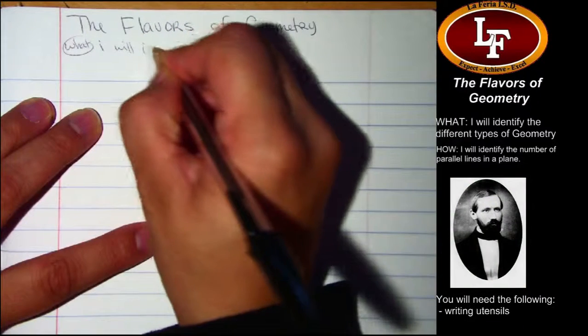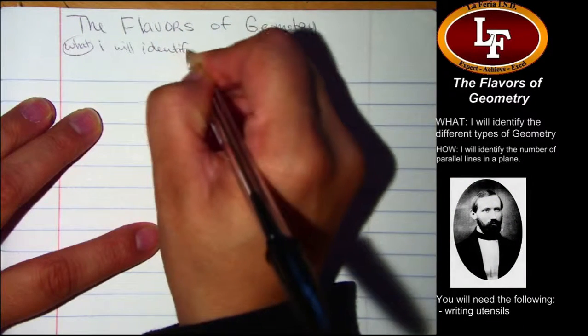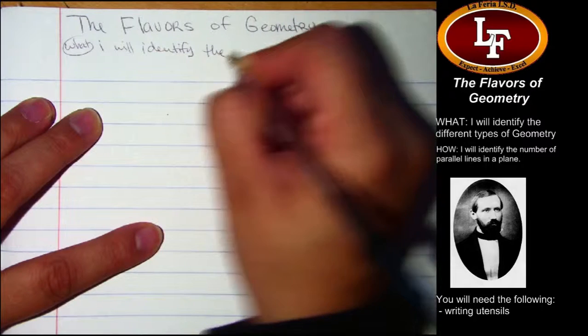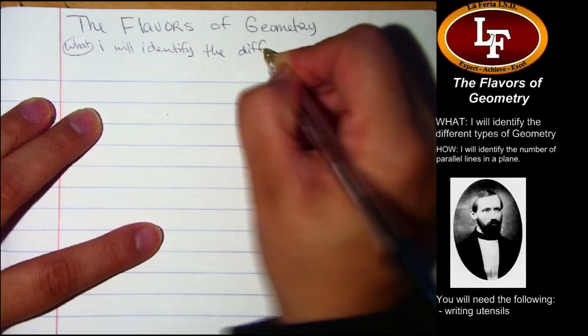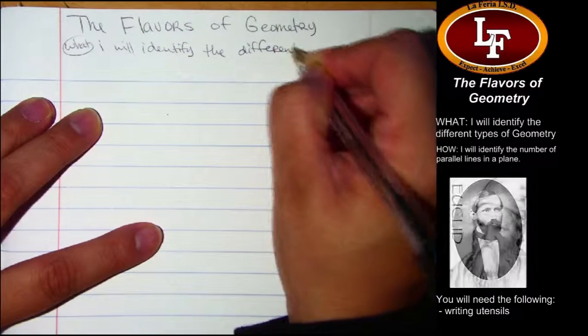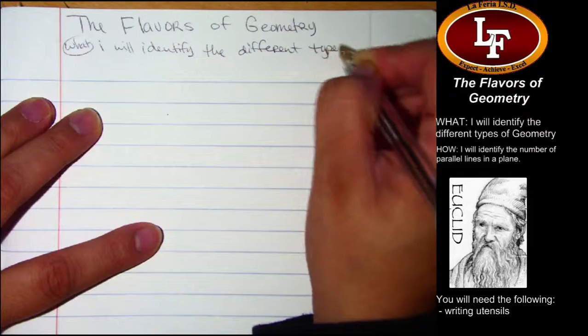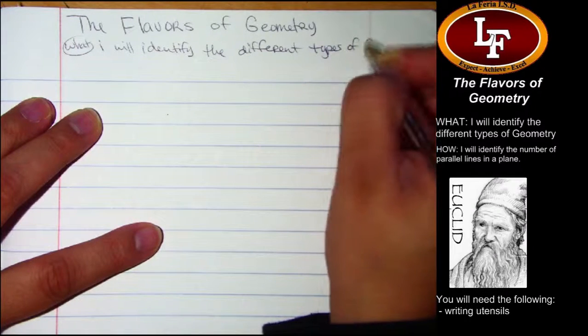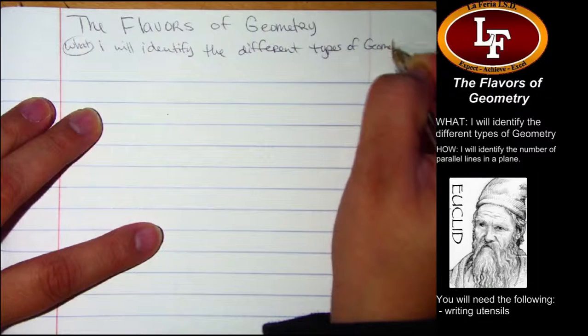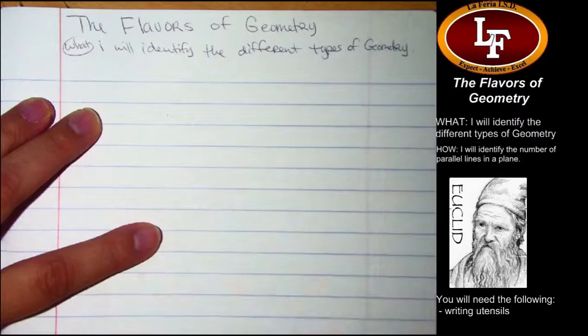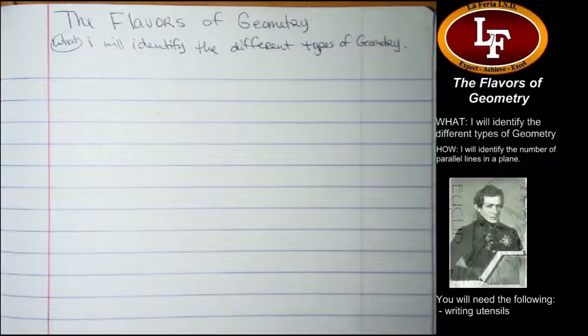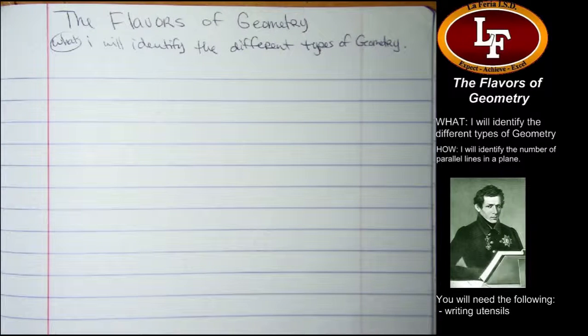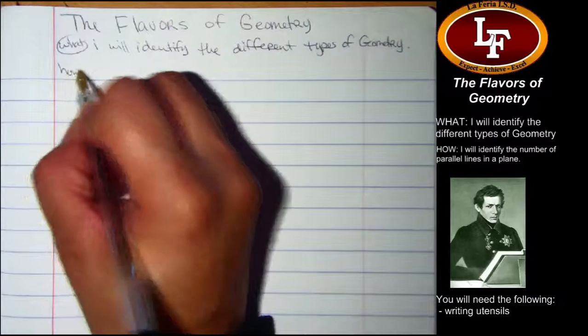What we're going to be working on today is identifying the different types of geometry. I hope that you guys are going, wait, what? There's different types? Yeah, there's different types, and we're going to be able to tell them apart.